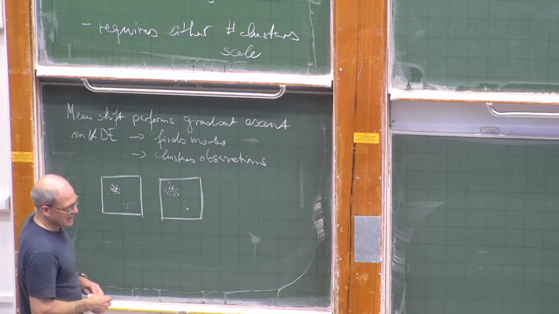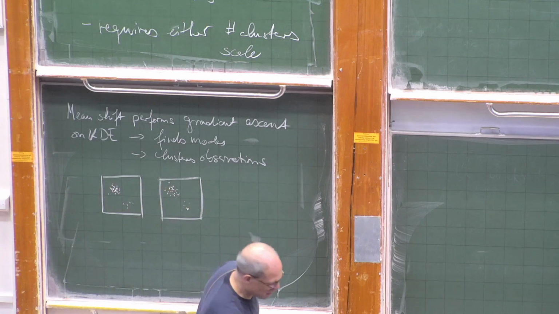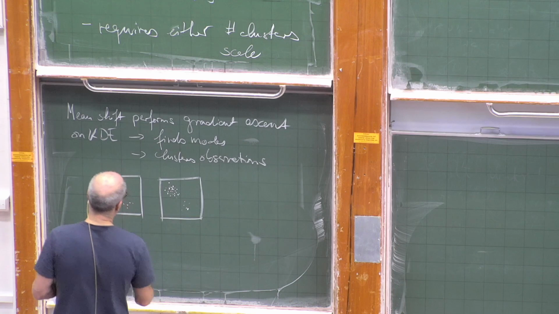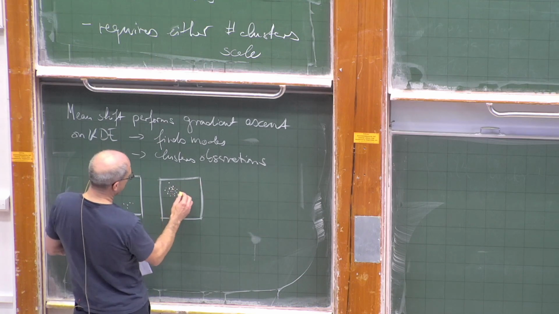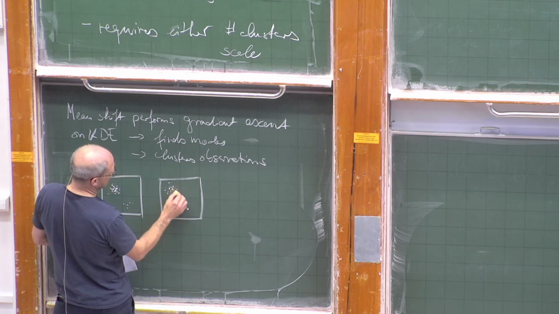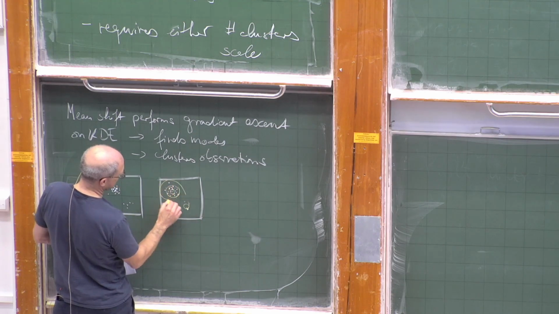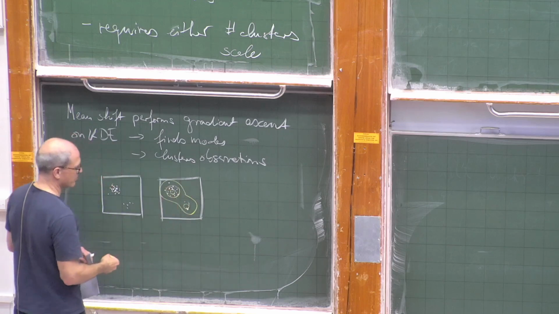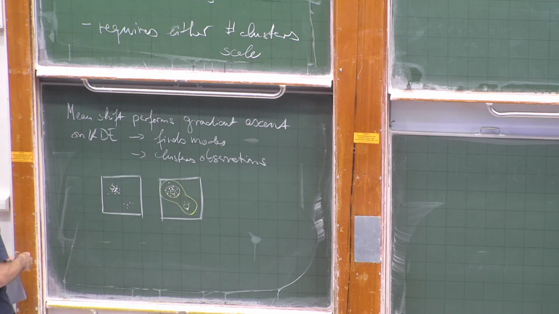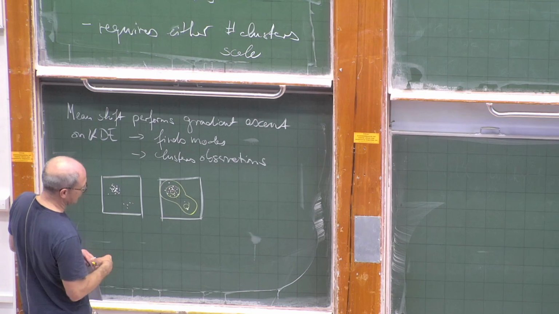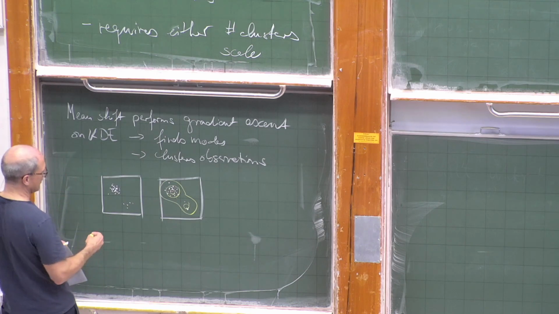And I can now do kernel density estimation with 2 different bandwidths. If I use an appropriate bandwidth, then I would find some local maximum here. Those are the iso contour lines. My kernel density estimate might look something like so.